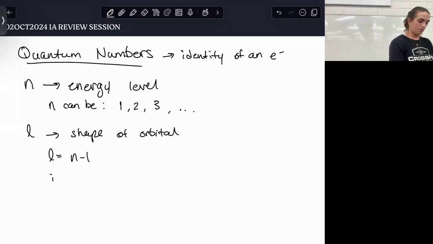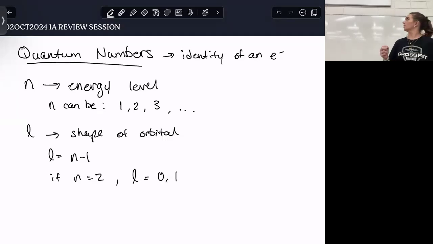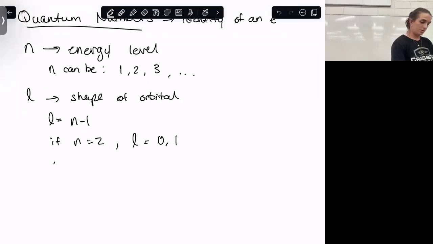If n equals 2, what can L equal? 1 or 0, right? If n equals 4, what can L be? 0, 1, 2, 3.